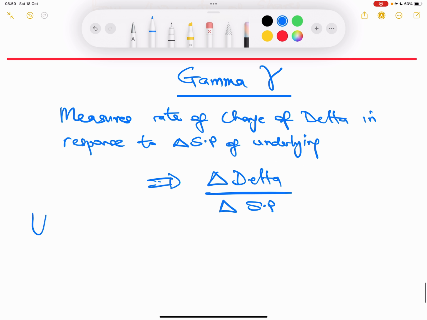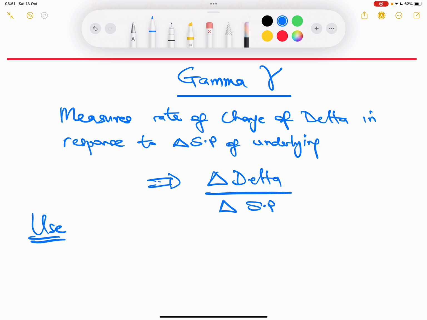So, why do we need that information? We need that information because if gamma is very high, it means that with a small change in selling price of the instrument, the delta is changing so much, and the option value will also be changing so much. And that means if delta is changing very frequently, then we need to rebalance frequently.